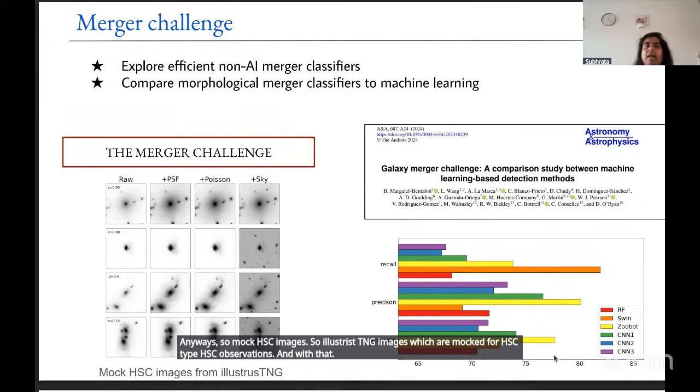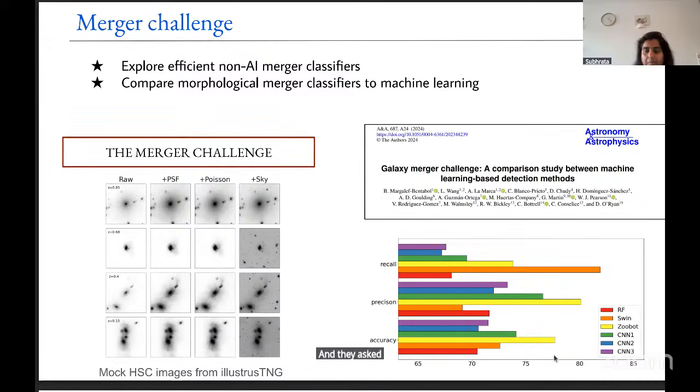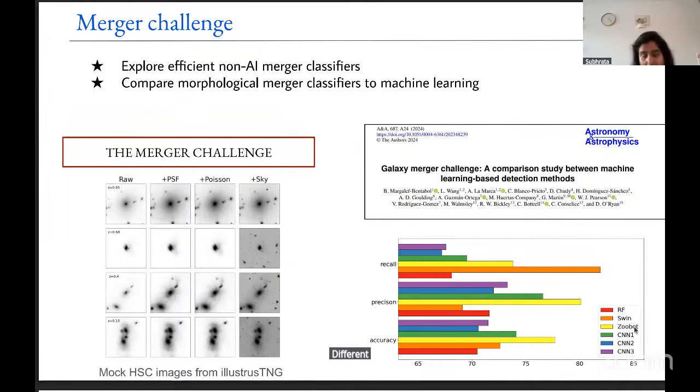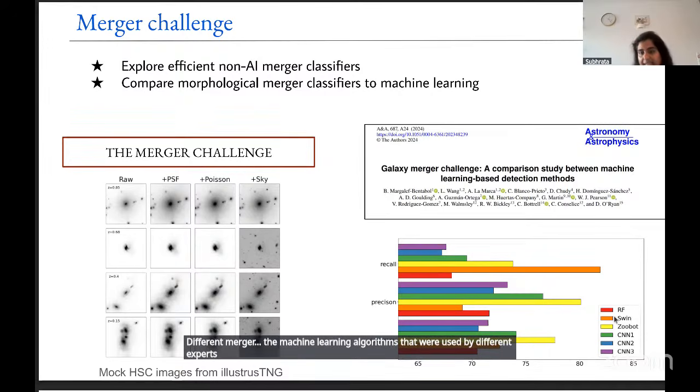With that, they asked a bunch of machine learning experts to classify the galaxies into non-merger, pre-merger, post-merger, and ongoing merger. You can see here on your screen the different machine learning algorithms that were used by different experts to classify these galaxies: random forest, Swin, Zoobot, and three CNN-type networks.